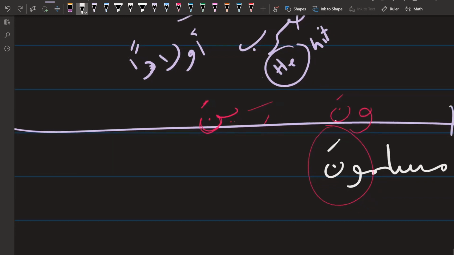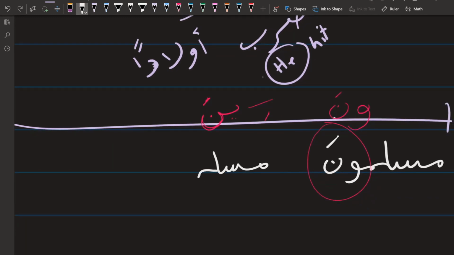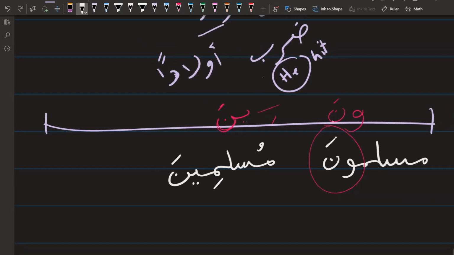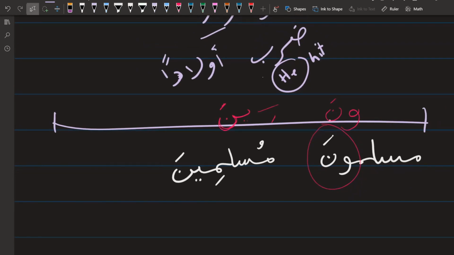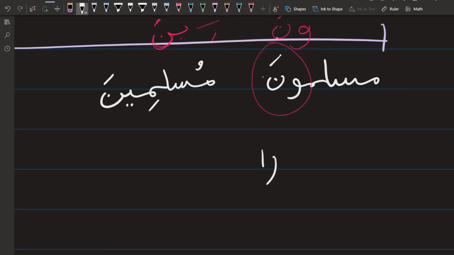So what do we say? We say muslimina. That is how we do it. Muslimuna, muslimina. So now, if I give you a verb, just think about vocabulary. Don't think about verbs, just think about vocabulary. Ra'aytu means I saw.